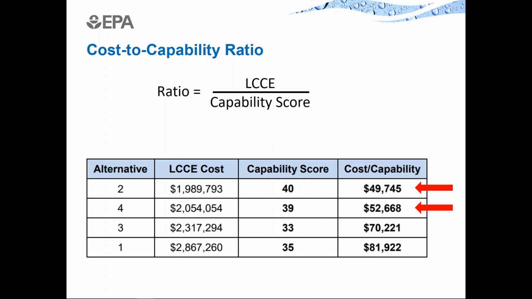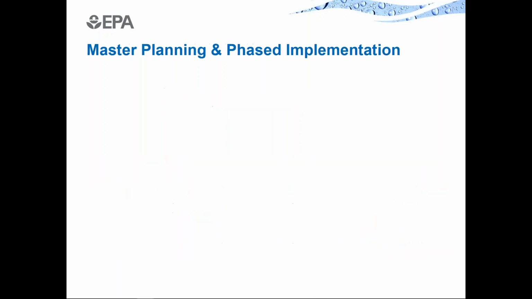And in this case, options 2 and 4 are the front runners again. Regardless of what approach you use, the point is to make sure that you have a clear and very objective and methodical approach towards evaluating alternatives to make sure that you're getting the best value for your investment.